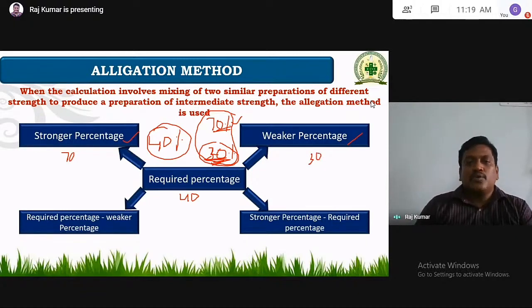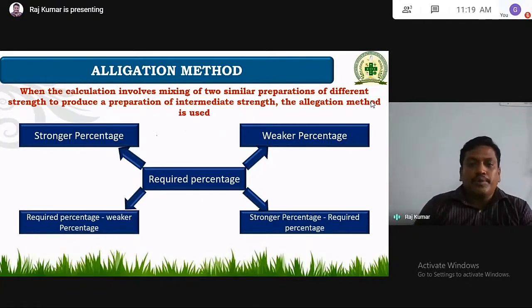Hope you understand. And if you want to prepare from only one concentration, nothing but if you want to prepare 40% from 70% alcohol, the second one is water, H2O. You can simply write that.